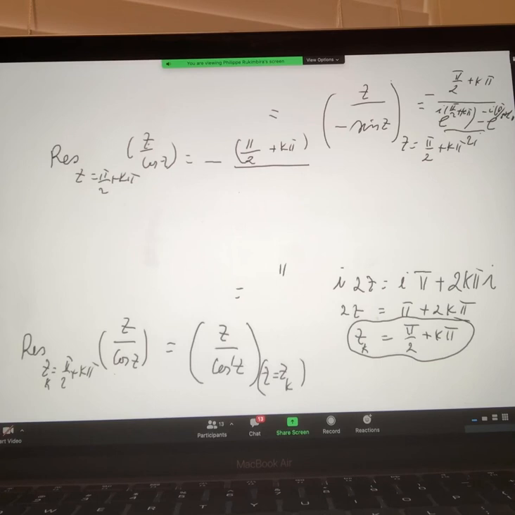So I'll have e to the i pi half plus k pi, minus e to the negative i pi half plus k pi, over 2i.